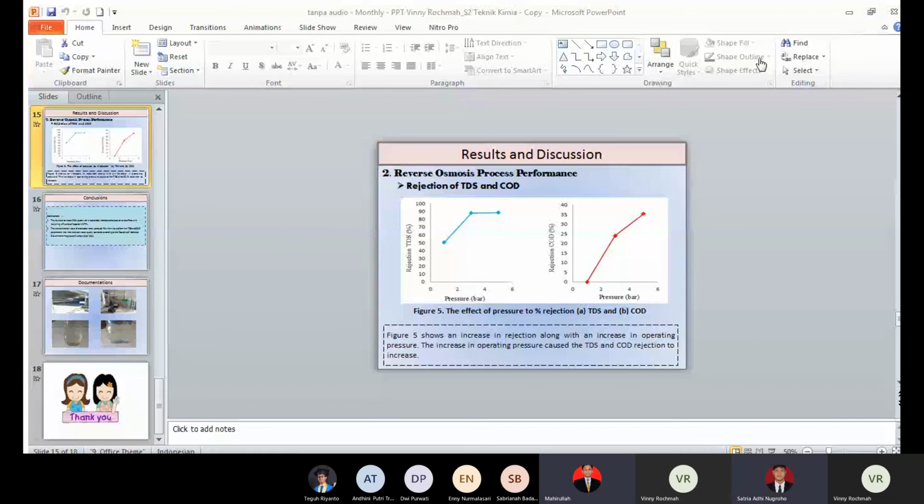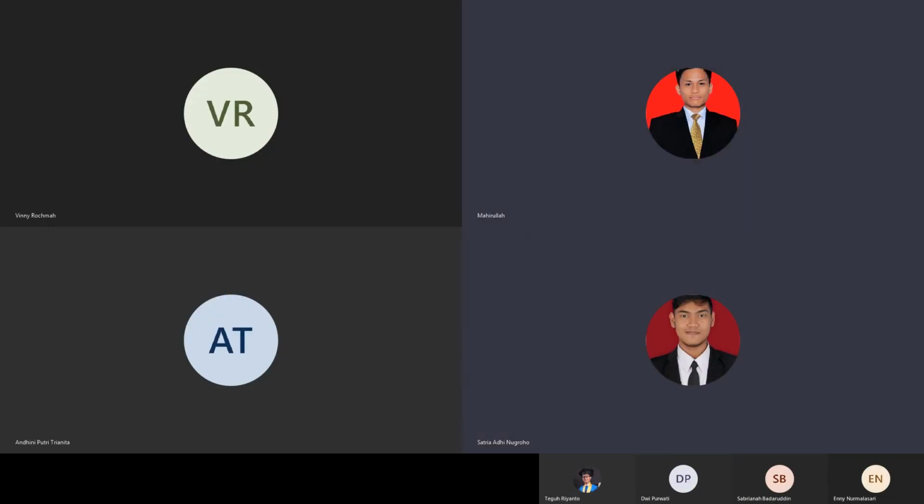Halo Satria. Sahabat, Mahir. Halo Satria. Halo. Kirain kamu nggak ada. Ada, aku cuma terlambat tadi. Gimana kabarmu? Alhamdulillah sehat. Aku di Jambi, kamu di Semarang.